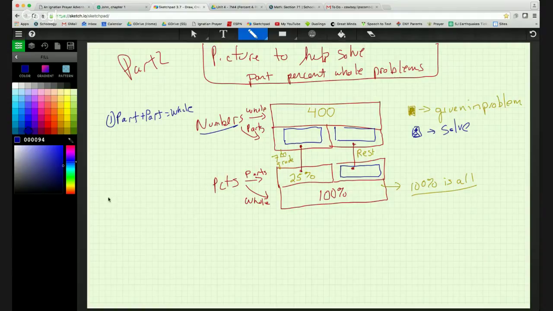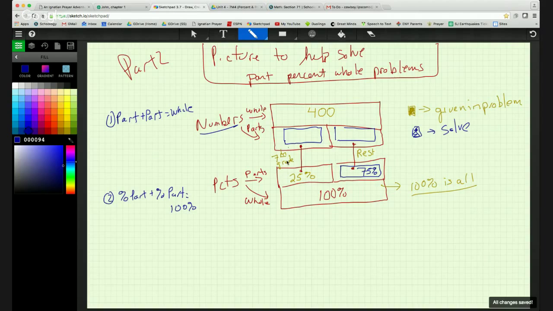Number 2, the percentage part plus the percentage part always equals 100%. 100% is all. So if 25% are in 7th grade, the rest must be not in 7th grade. We can do this in our head, right? We know that if 25% plus some number is 100%, that's 75%. That's an easy one.